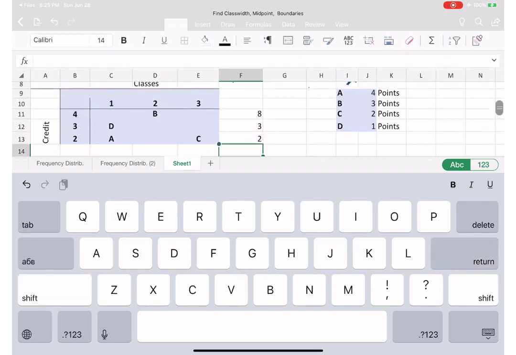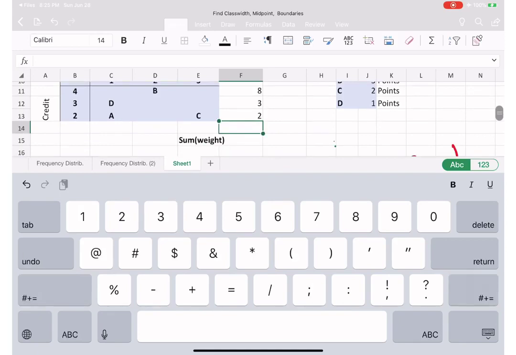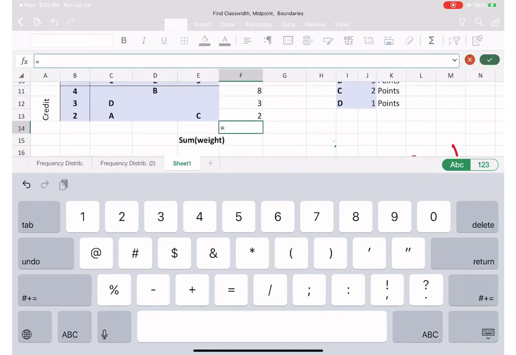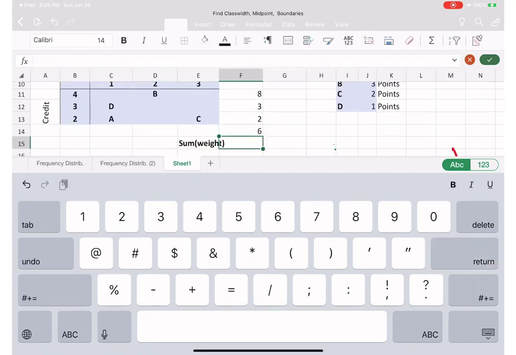And for C, I can write down here. All right, not a big deal. And for C, I'm going to have how many classes? 3. And times 2 credit hours. Okay. So what do we have?